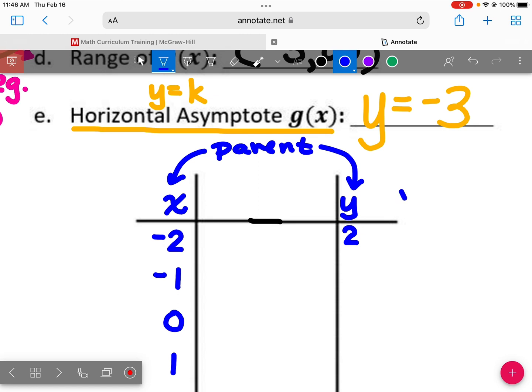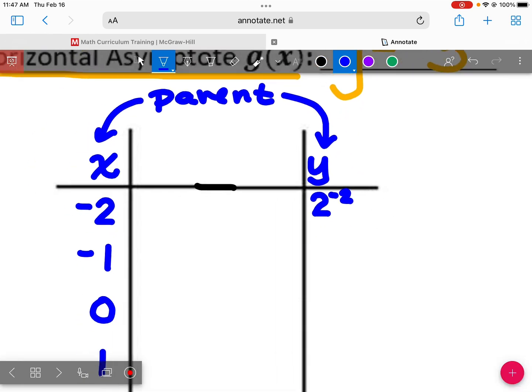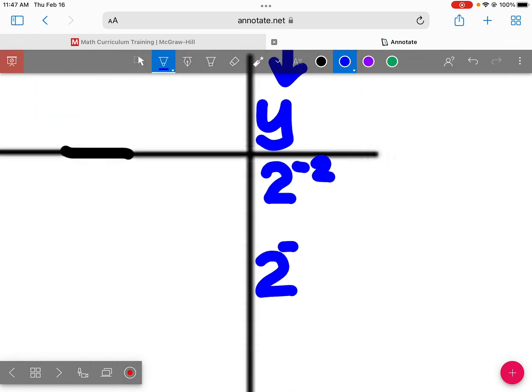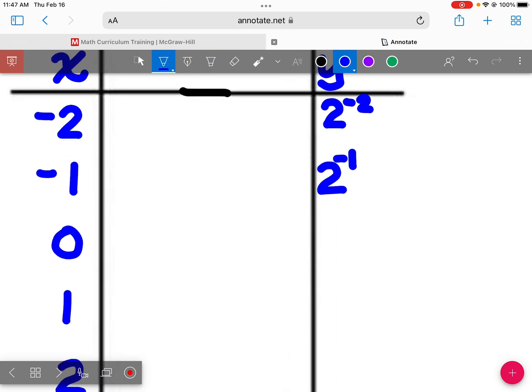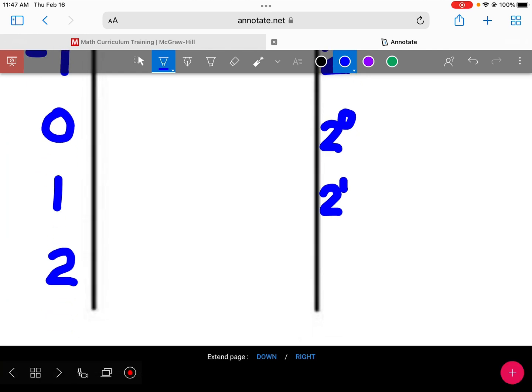So this first one will be 2 to the -2. The next one down will be 2 to the power of what? -1. And then it's going to be 2 to the power of 0, 2 to the power of 1.